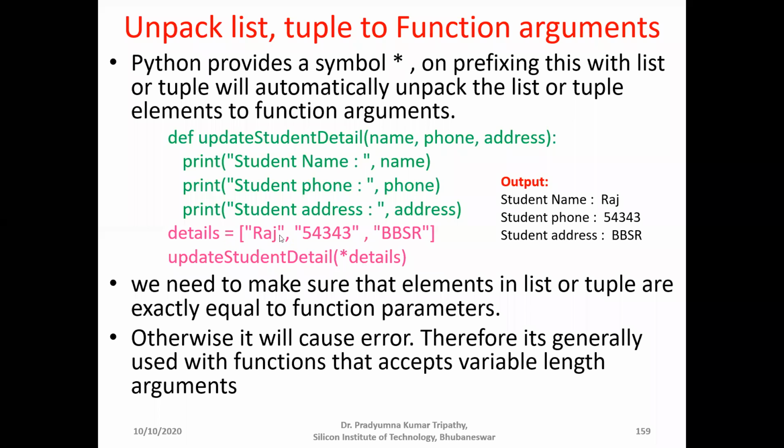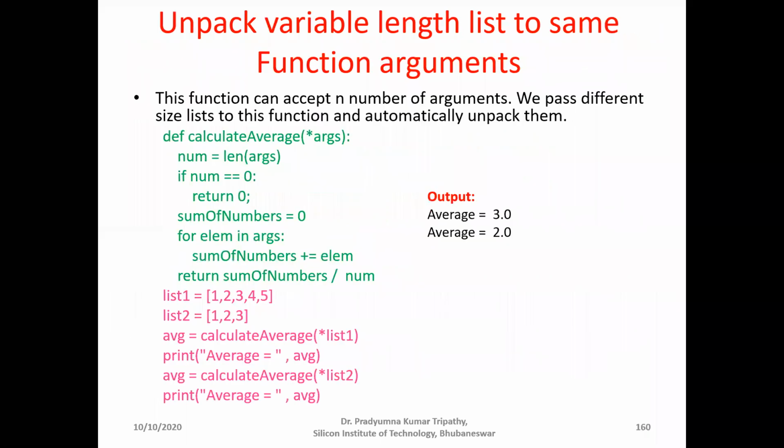Star details means each individual one. Details now has 3 elements, so these 3 are being unpacked. The first goes to the first, the second goes to the second, and the third goes to the third. Right? But this has to be in a particular order. The order in which it is defined in the function, the same order has to be there. That is the only requirement.